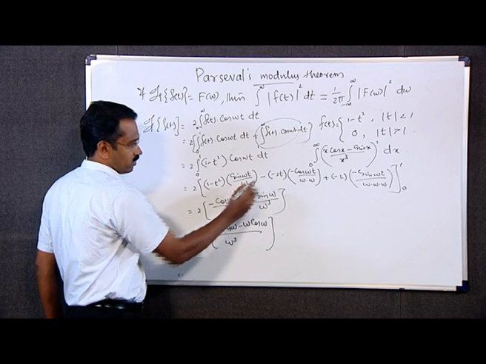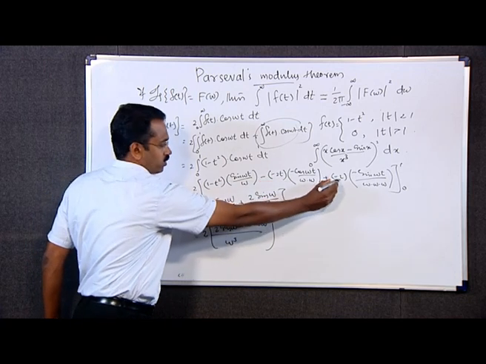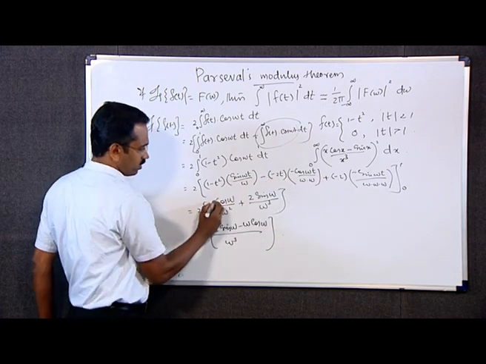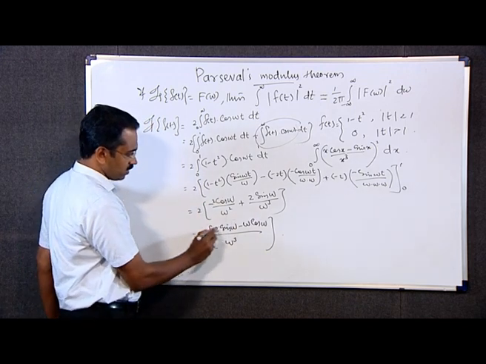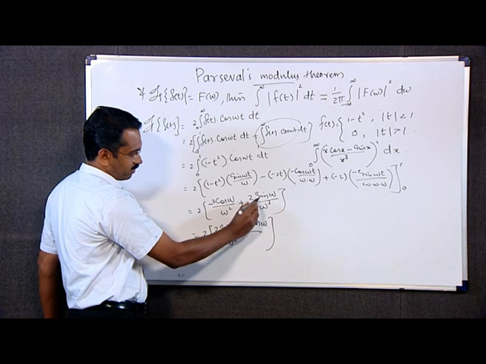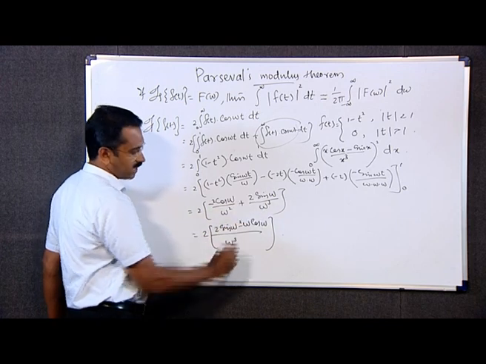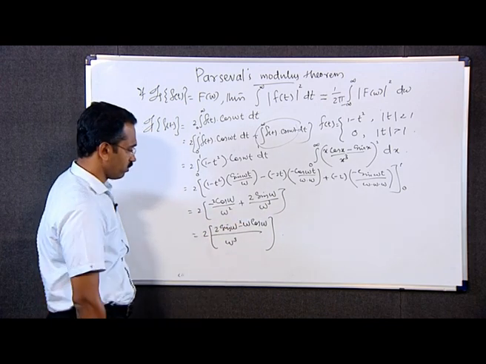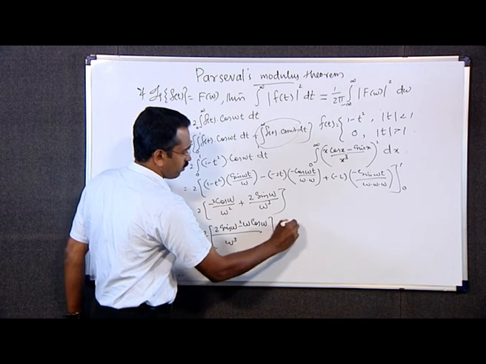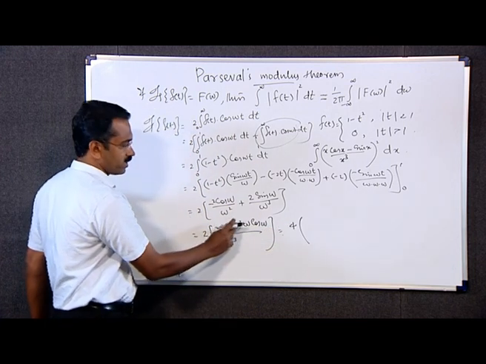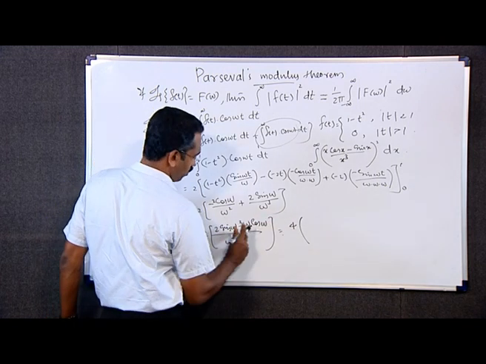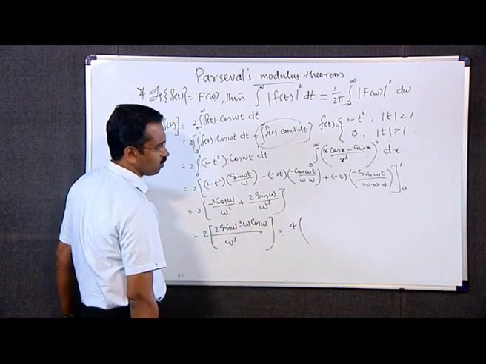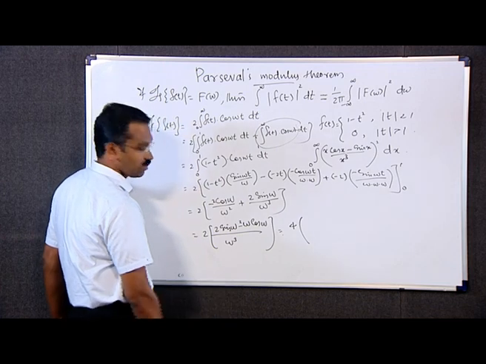Here there is minus 2, therefore we can write from here this is 2. Therefore, we can write this as 2 sin omega minus 2 omega cos omega divided by omega cubed, that is 4 into, if we take this 2 outside, we can write 4 into sin omega minus omega cos omega divided by omega cubed.